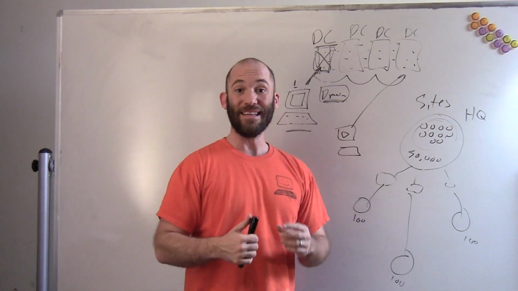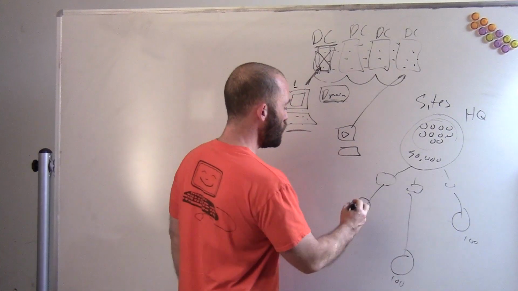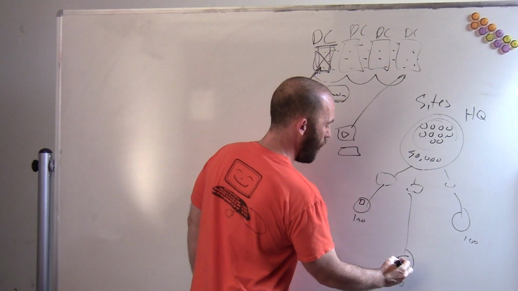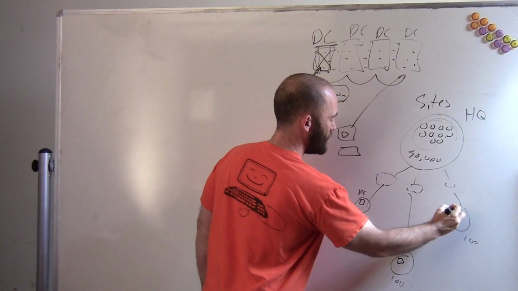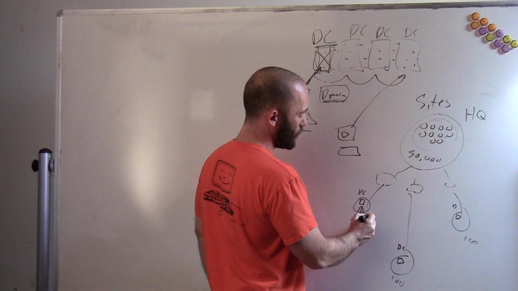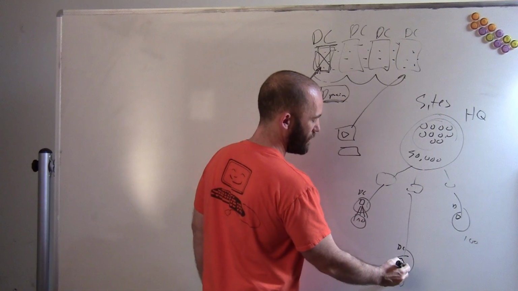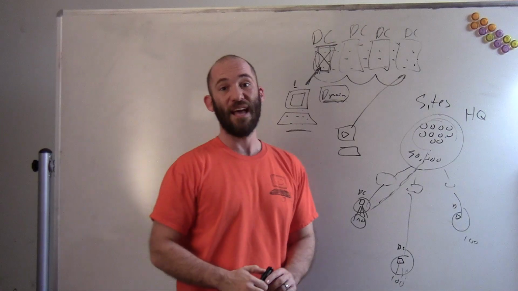And so many times at these remote sites, you put in their own domain controllers, DCs, so that when the users here log in, they log into the local domain controller versus having to send all of that information over the network.